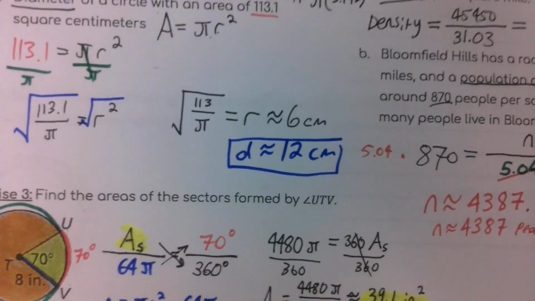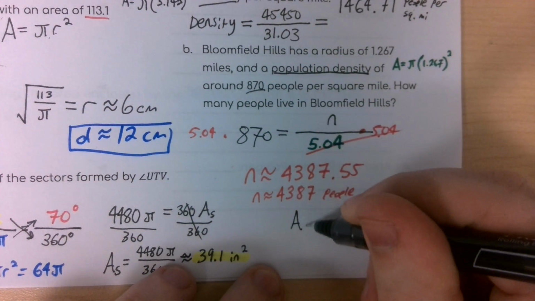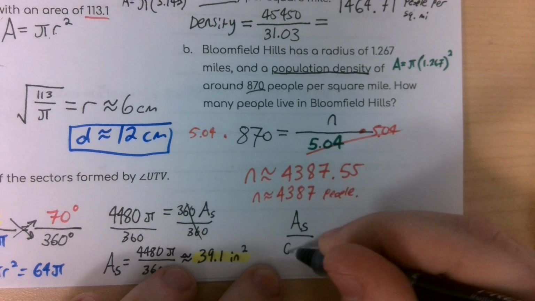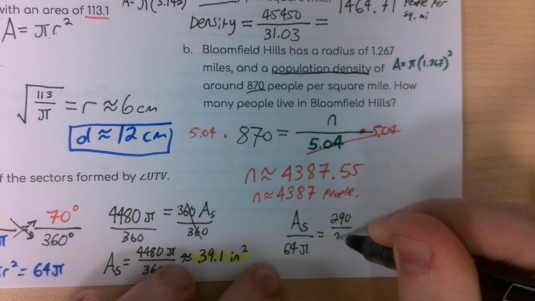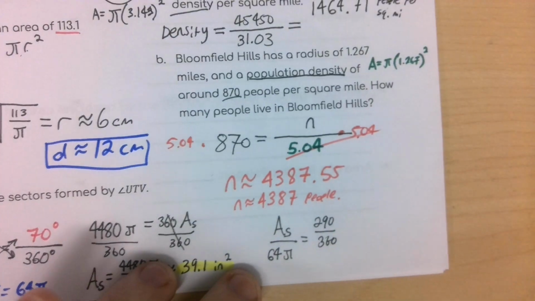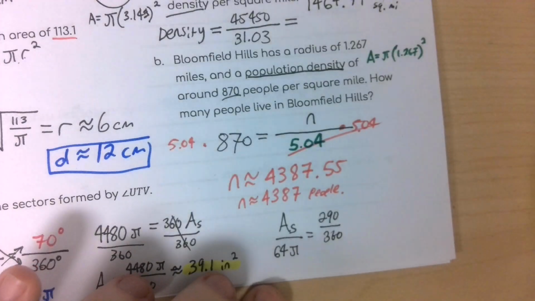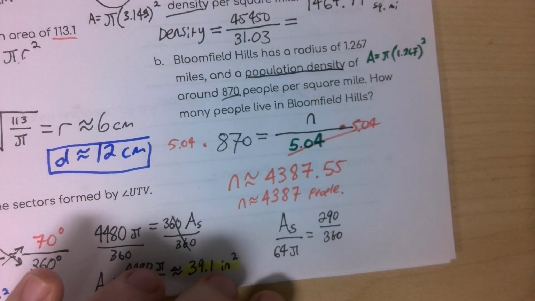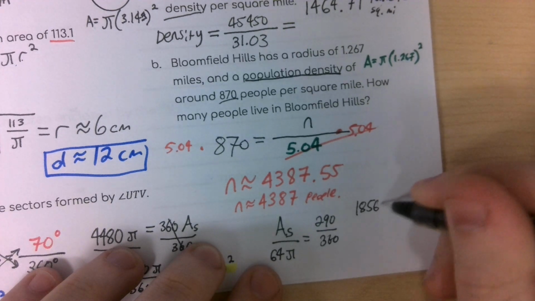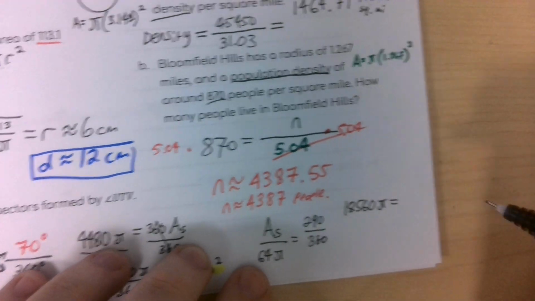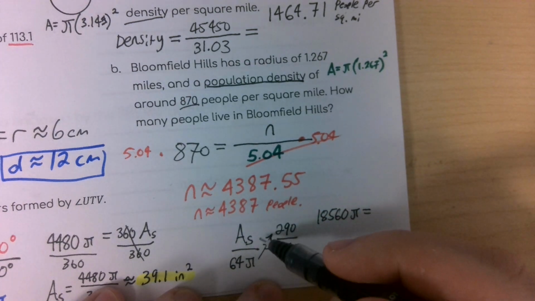And we can reuse the same area as before. So our formula is the area of the sector divided by 64 pi equals 290 over 360. When we cross multiply, 64 times 290 is 18,560. So we get 18,560 pi by multiplying these two together.